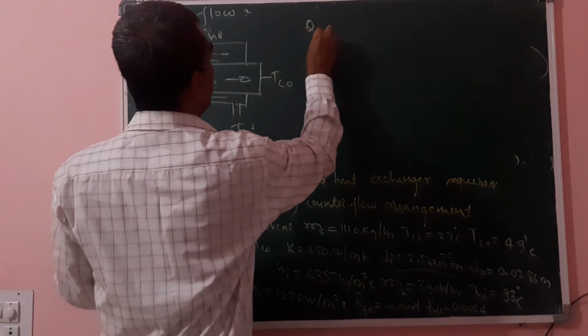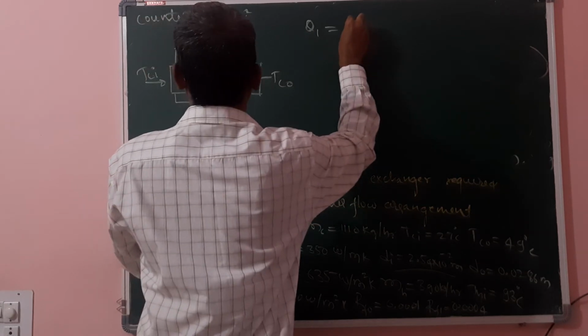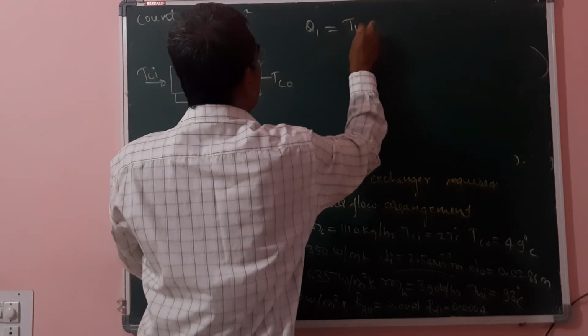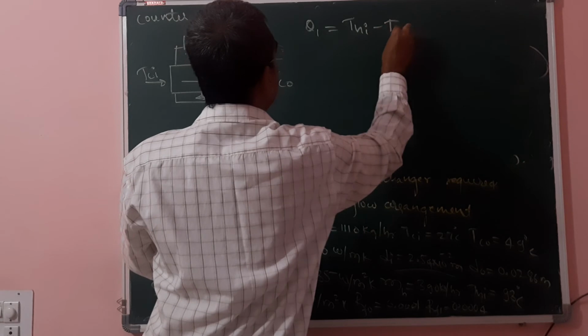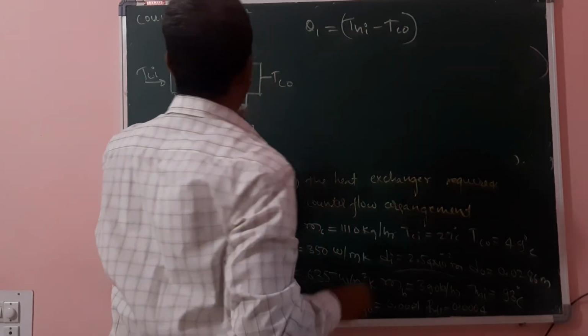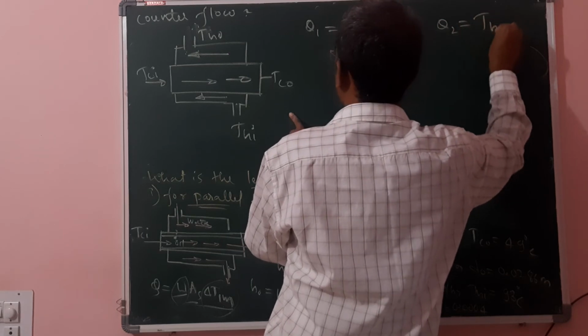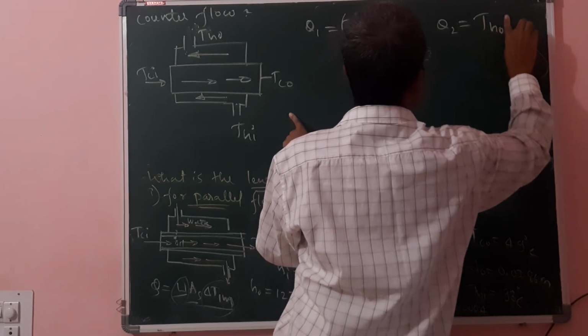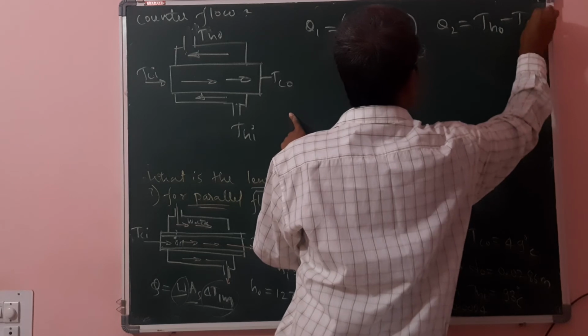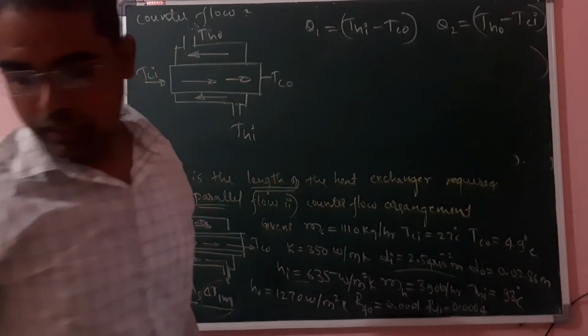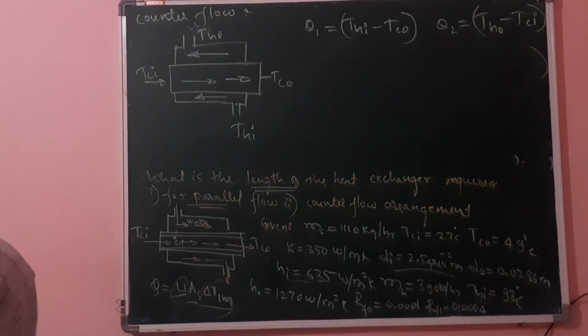Therefore, theta 1 will be equal to Thi minus Tc naught, and theta 2 is equal to Th naught minus Tci. Tc naught we have just calculated.